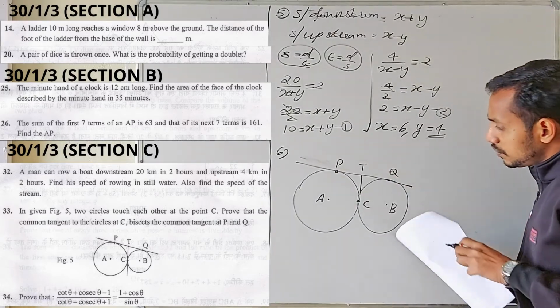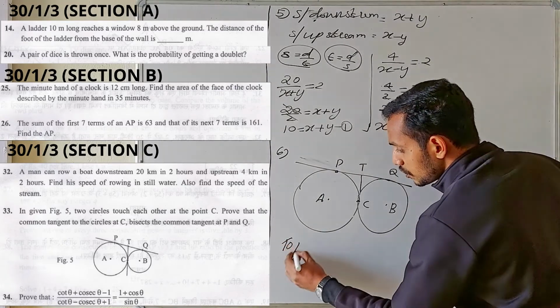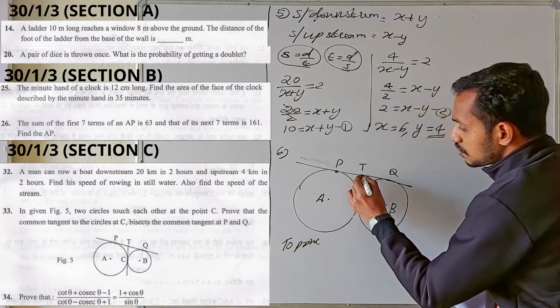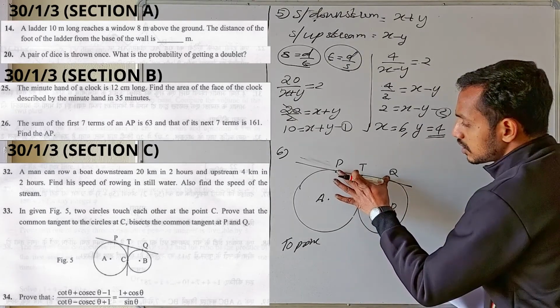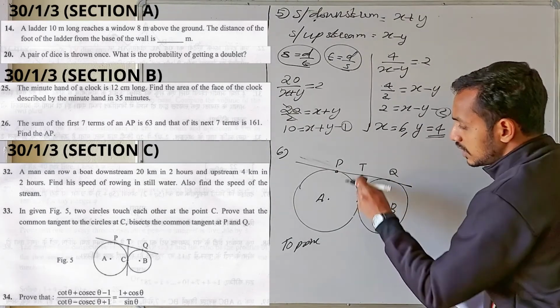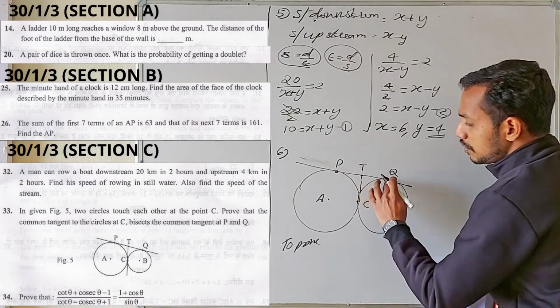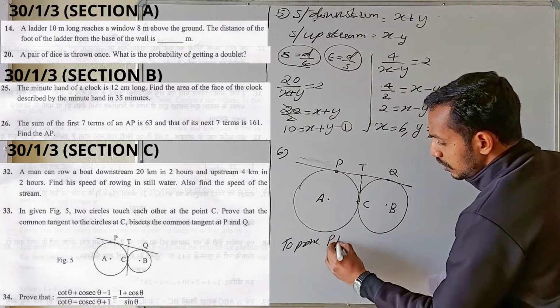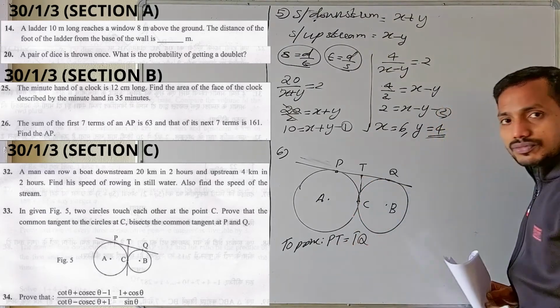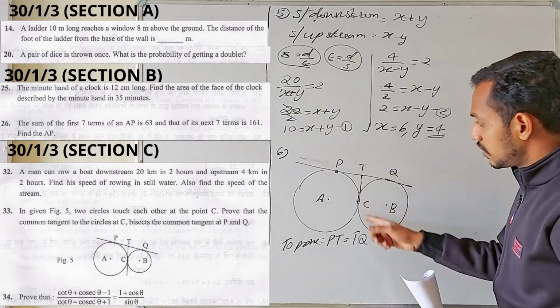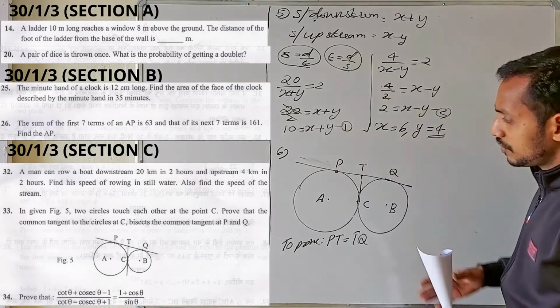So actually we have to prove that this tangent CT bisects the tangent PQ. That means we have to prove PT is equal to TQ. Then only it is bisecting. Clear? Dividing into two equal halves.